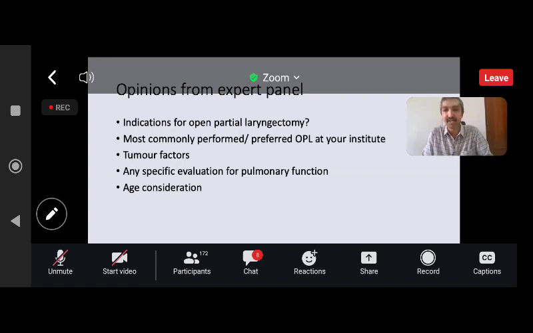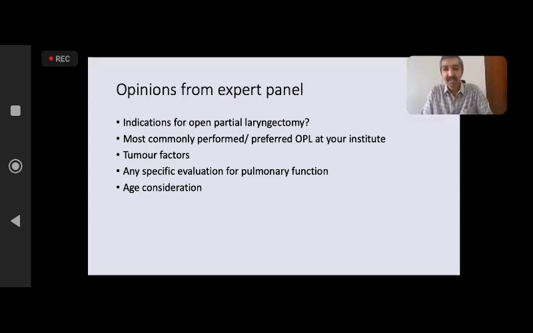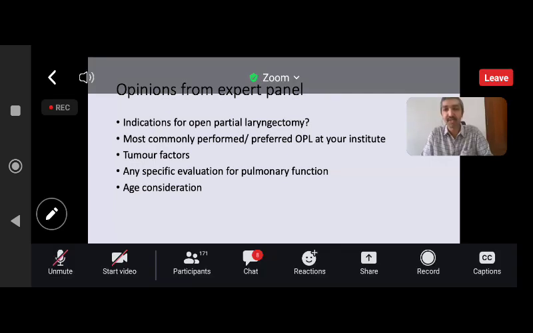I have done only one supracricoid partial laryngectomy. The other one I wouldn't even count because we salvaged it with a total laryngectomy later. In post-radiation cases, I would prefer that the pre-epiglottic space is not involved, though even if it is involved, we can do it. I would prefer limited paraglottic space involvement and both arytenoids being preserved, but the classical indications are given in the textbook.